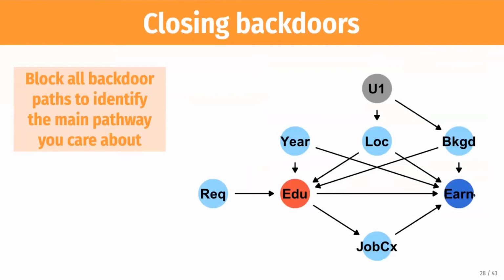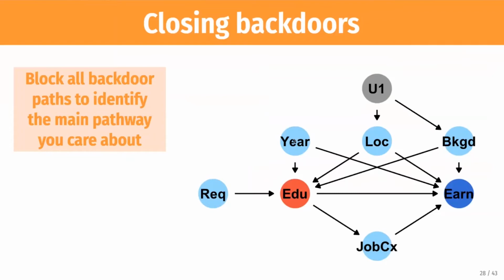Back when you learned about regression, you would just throw everything in there, like required schooling or job connections or other things. But in this situation, all you really care about are the things that are messing up the path between education and earnings. Required schooling doesn't mess up that path. It causes education, sure, but required schooling is not anywhere along the path between education and earnings, so we don't care about it. What we care about are the things that confound.